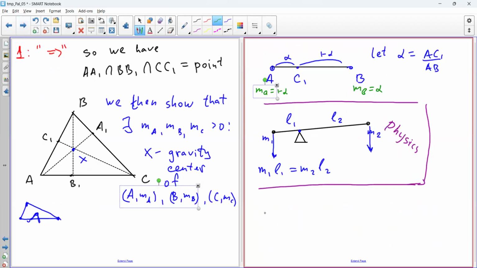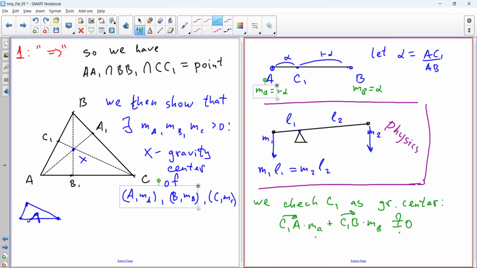So we check C1 as gravity center. C1A times MA plus C1B times MB. Is it equal to 0 or not?